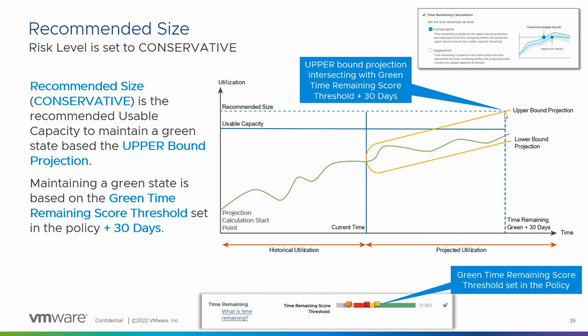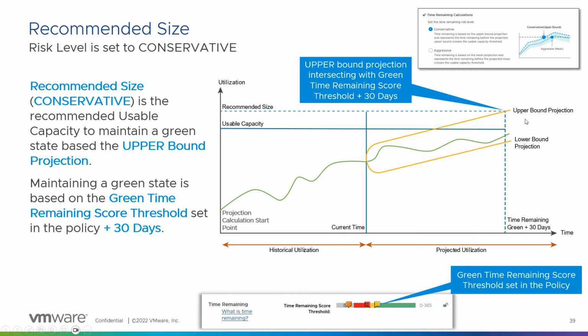So I take my time remaining score threshold, which by default is 30 days, I add 30 days to that, and now I can say, okay, within 60 days, this is what I project my workload to be. So that's what I will use to determine the recommended size of my virtual machine. So hopefully that makes sense.